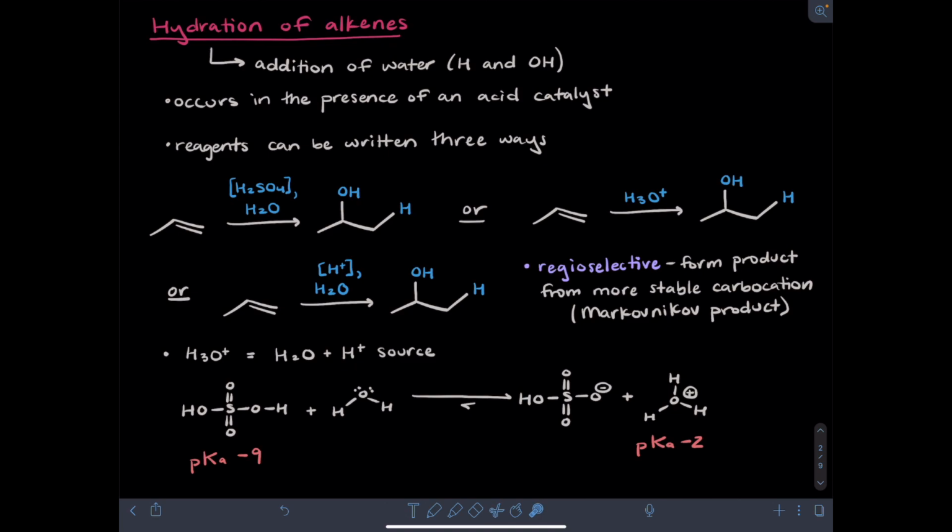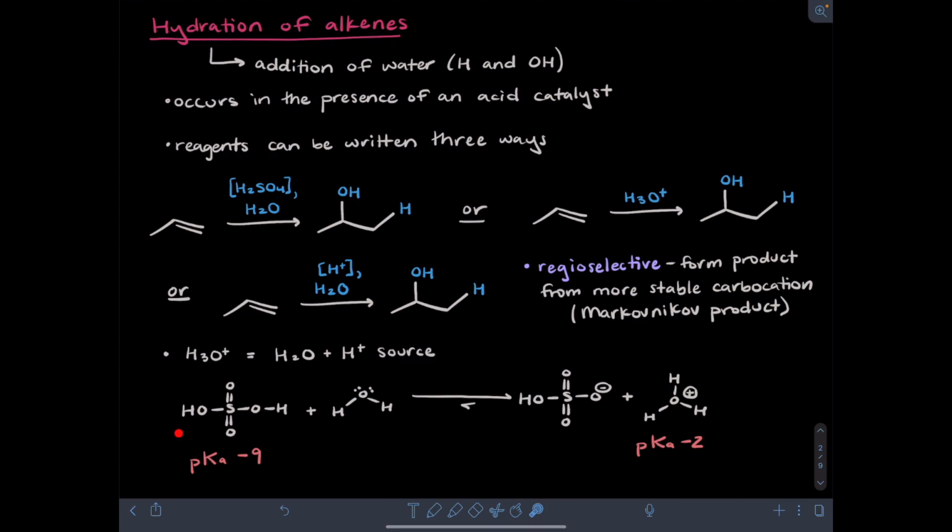The reason the reagents written all three ways are equivalent is because when you dissolve a strong acid, written as either H2SO4 or just H+, in water, it immediately turns into H3O+, known as hydronium. So here's an acid-base reaction where sulfuric acid is acting as the acid and water is acting as the base.